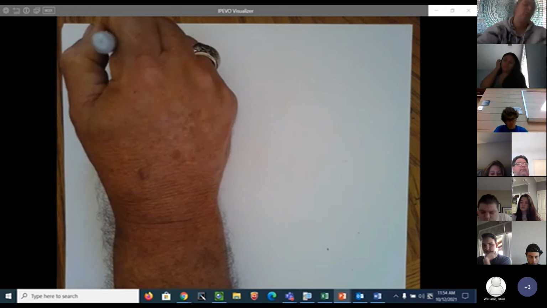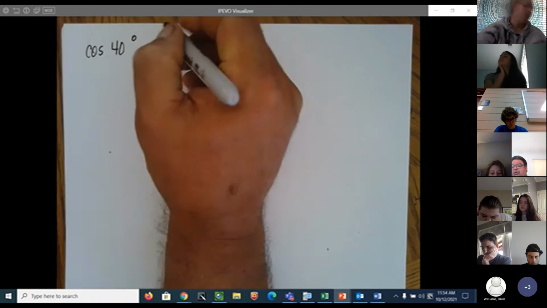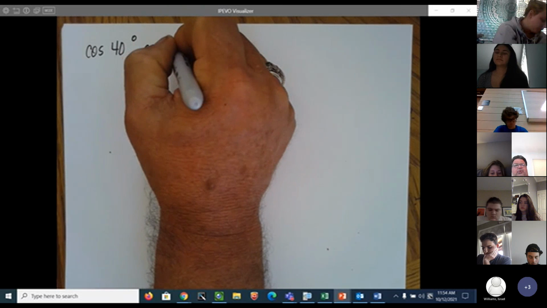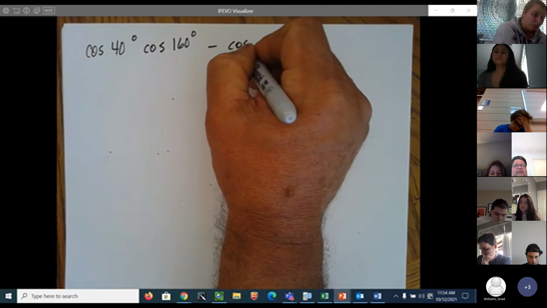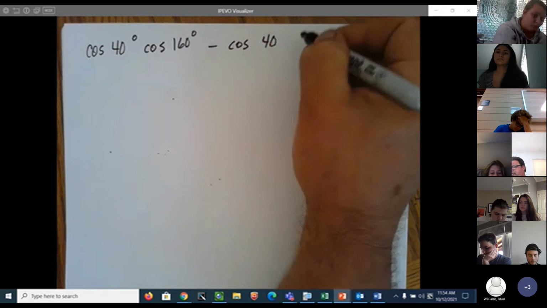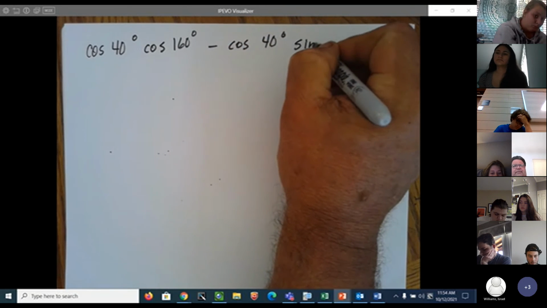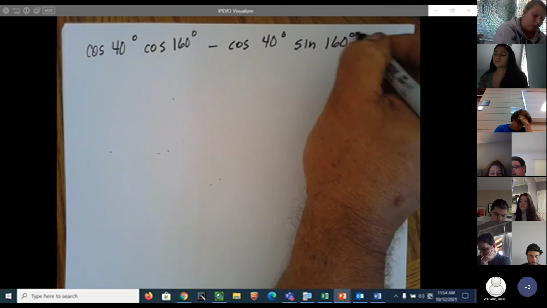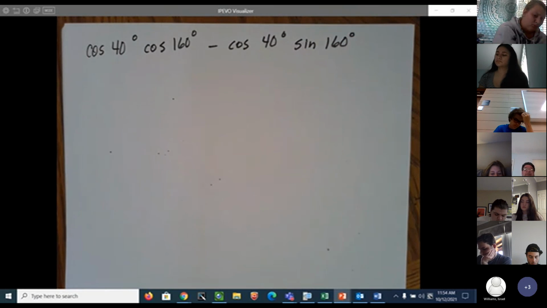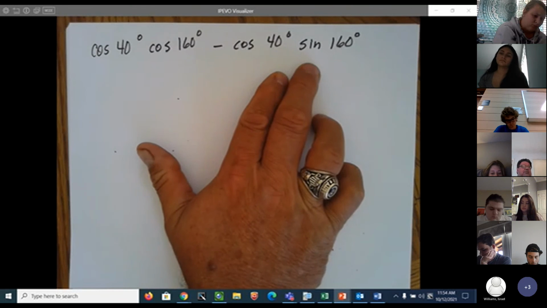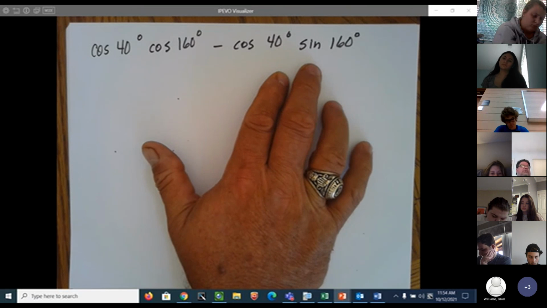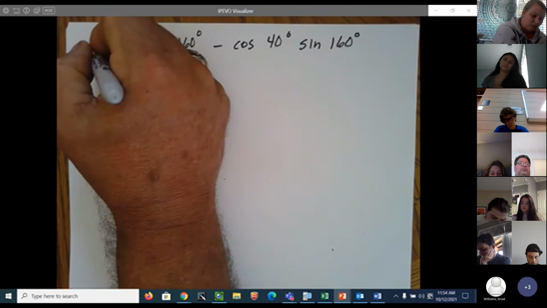Cosine of 40 degrees, cosine of 160 degrees, minus the cosine of 40 degrees, sine of 160. And in this case, you're going backwards. Okay? You got cosine, cosine, cosine, sine. I've got one of them messed up. Supposed to be the first one, supposed to be sine.